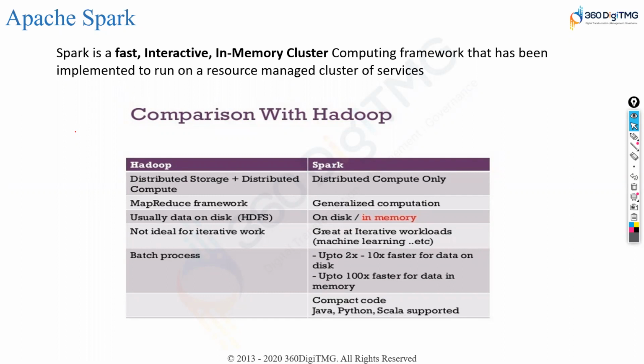Then Hadoop is not designed for iterative work because every time it has to access the data, it has to access the physical disk. So disk IO happens, and that's where the delay comes in. Whereas Spark is specifically developed for doing machine learning, and that's where it is very popular. Hadoop is used only for batch processing. It cannot be used for real-time processing, but Spark can be used for real-time also.